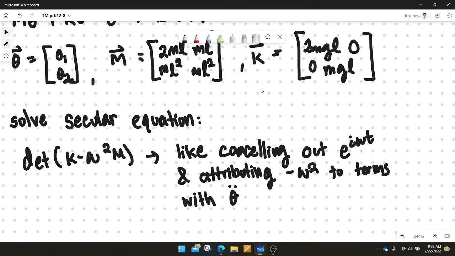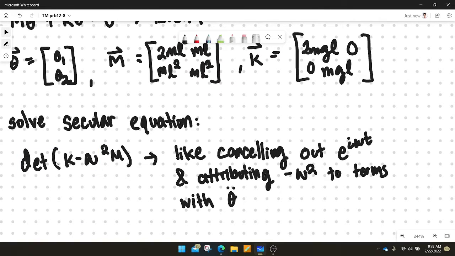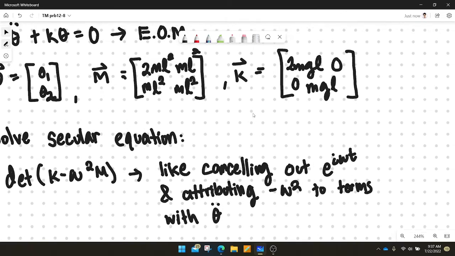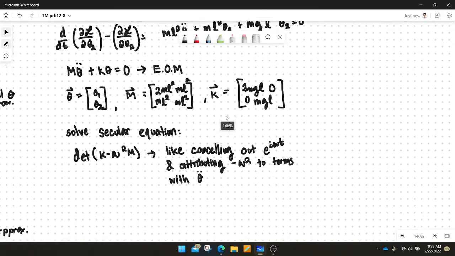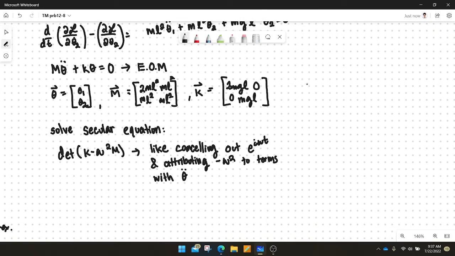So now we're going to be solving our secular equation. Where did this come from? This basically came from the operation of assuming a solution of theta of t equals a e^(i omega t), and then differentiating that twice to get negative omega squared a e^(i omega t).